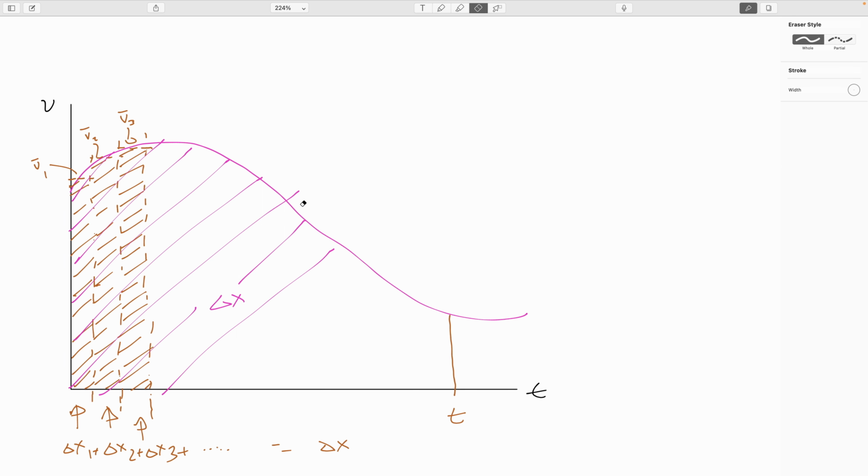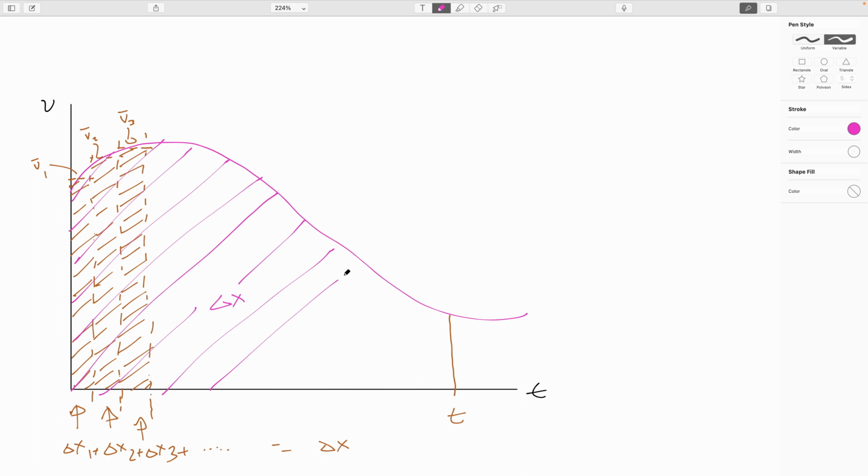Let me clean that line up there. There we go. So we can still say that our displacement is equal to the area under the curve, or again, we can say that this is now the definite integral from t initial to t final dt of the velocity, which would be a function of time.